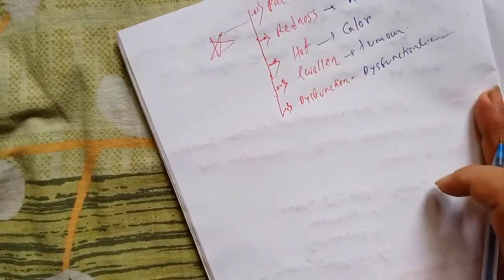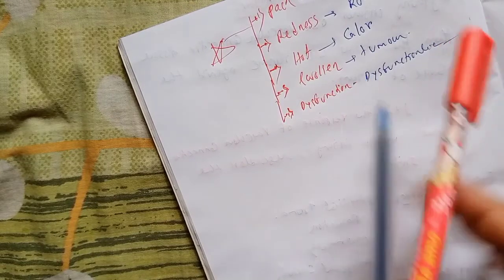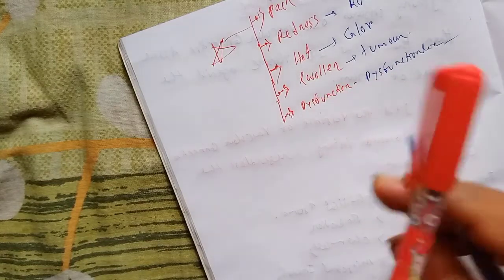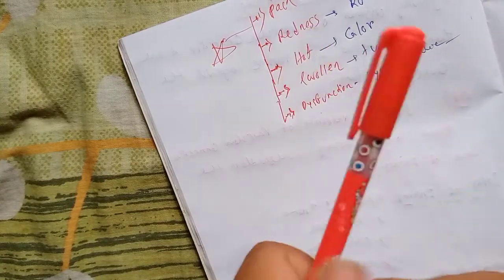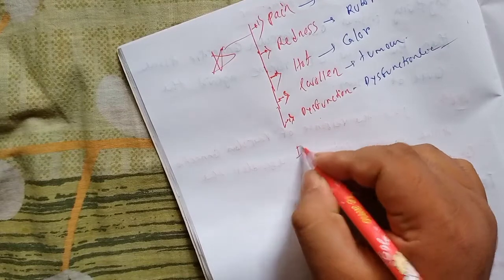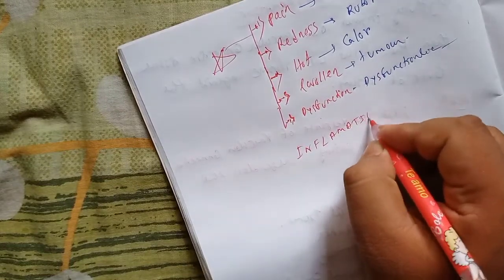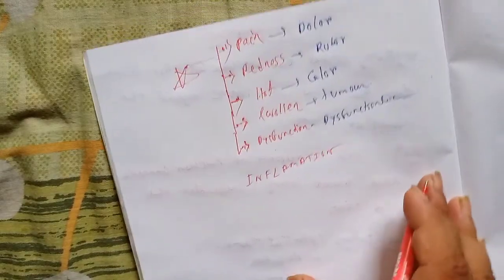Okay guys, now we have to know the main things in terms of inflammation. I just said all the things that are basically in case of general inflammation. Now inflammation is basically two types.